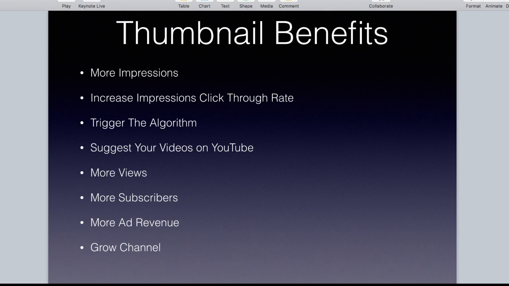And as a result of that, you're going to get more views, more subscribers, and if you're in the YouTube Partner Program and have your channel monetized, you're going to get more ad revenue. So you're going to make more money from your channel, and also you're going to grow your channel. So there's a great many benefits of having a great custom thumbnail.